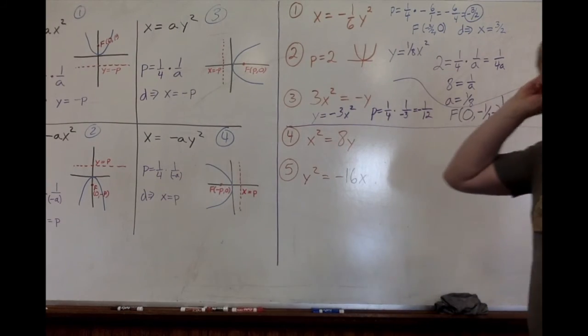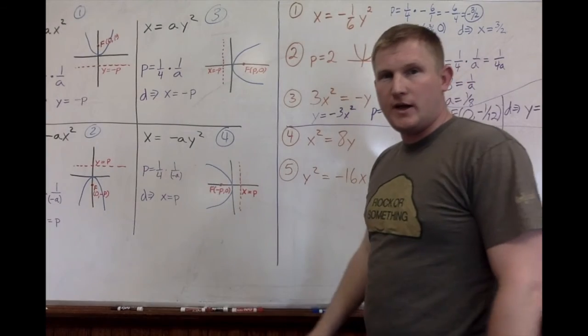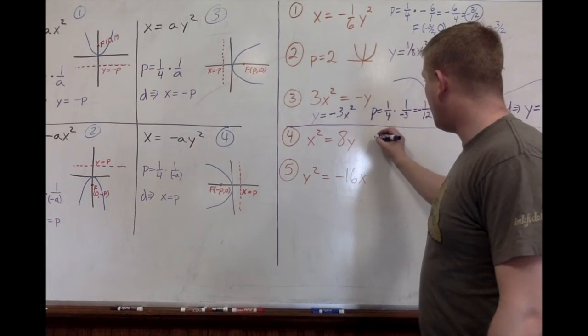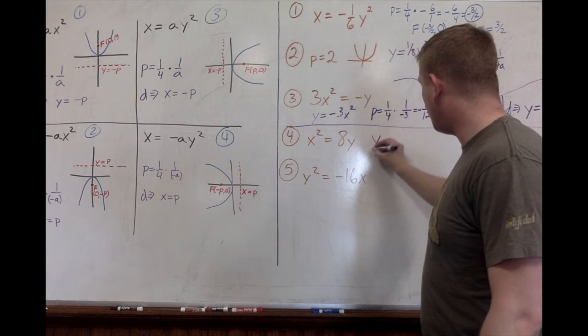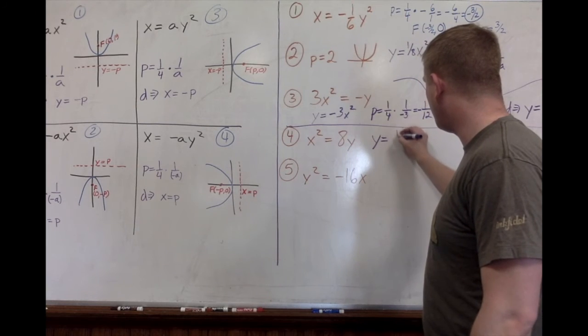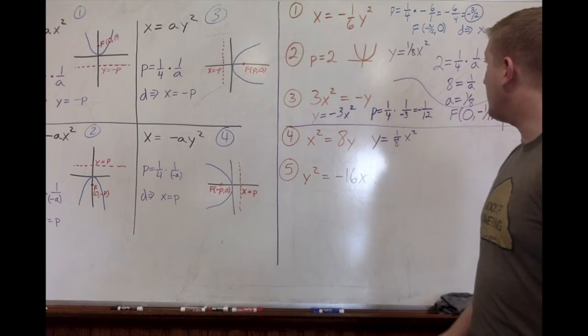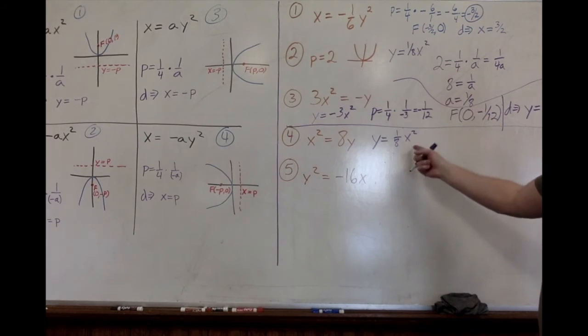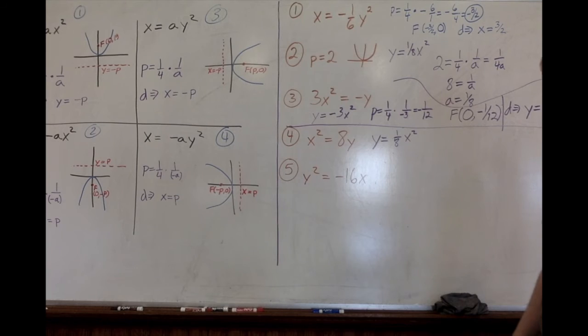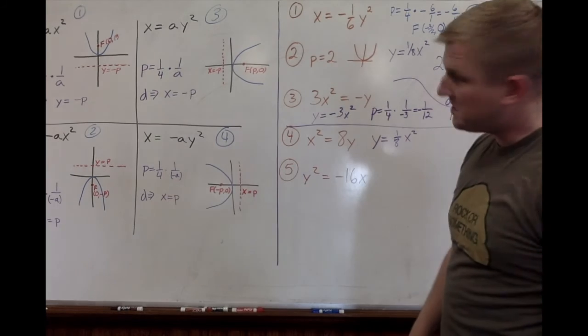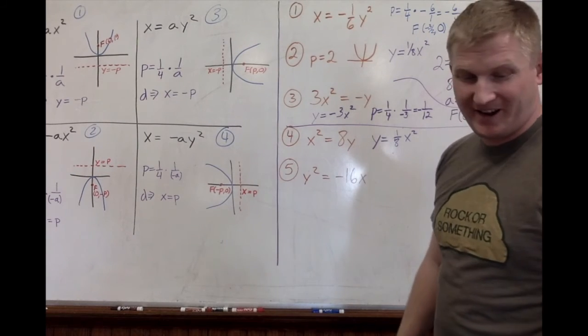All right, take this other one. First thing you're going to do is write it in standard form. Get y all by itself. So I'm going to divide both sides by 8. Y is equal to 1/8 x squared. You'll see that, oh, you know what? This is actually the same problem as number 2. I did not anticipate that. I didn't look carefully at my notes.